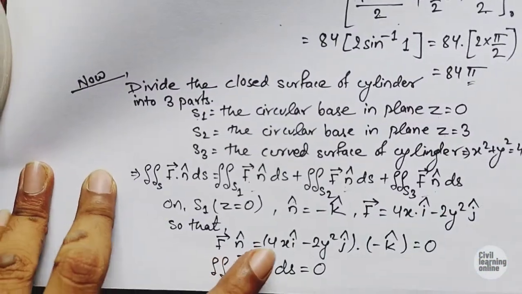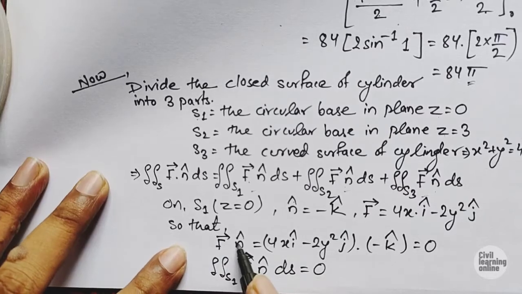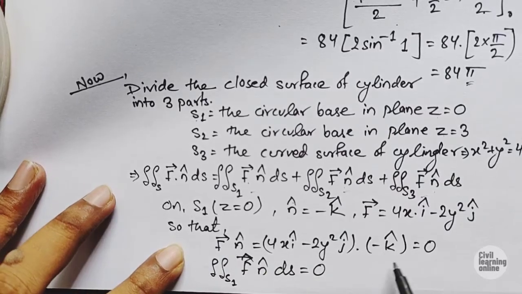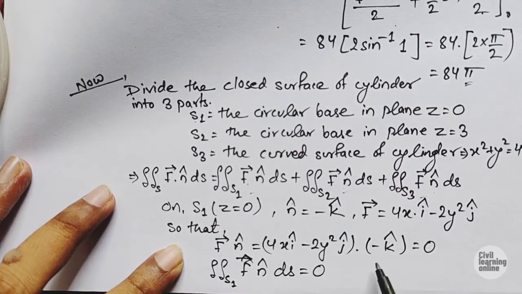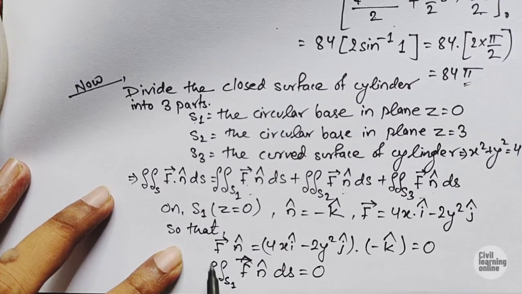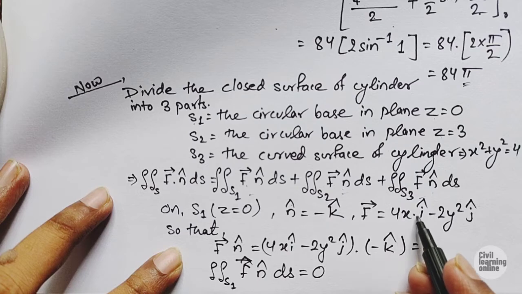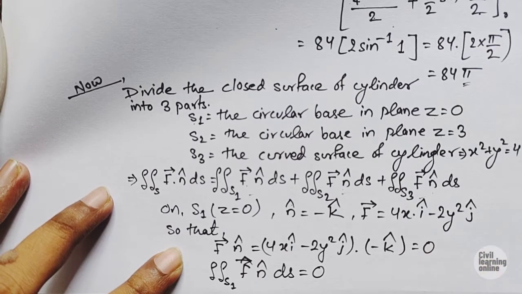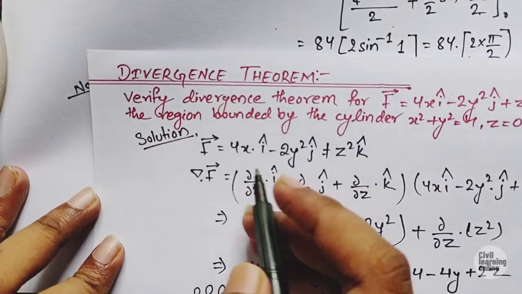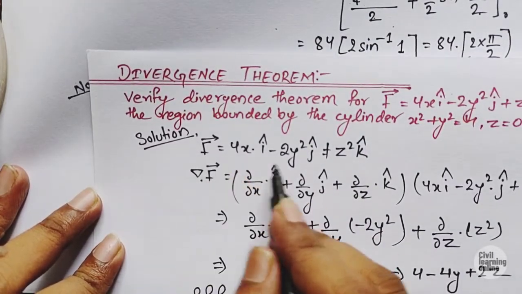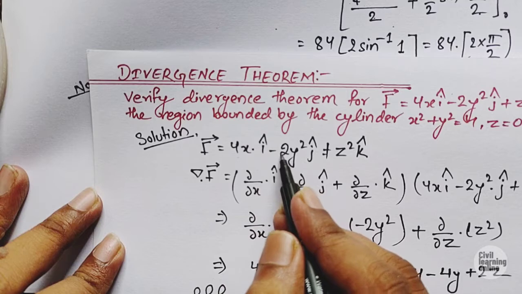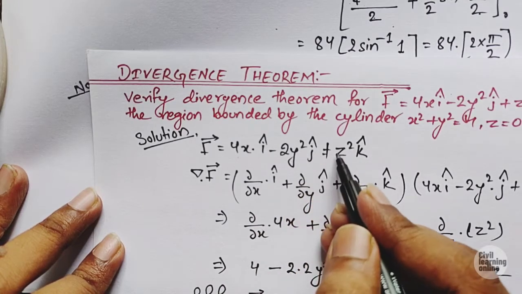So the unit vector n cap equals minus k, because the surface is on the xy plane. The vector f equals 4x times i cap minus 2y square times j cap plus z square times k cap.